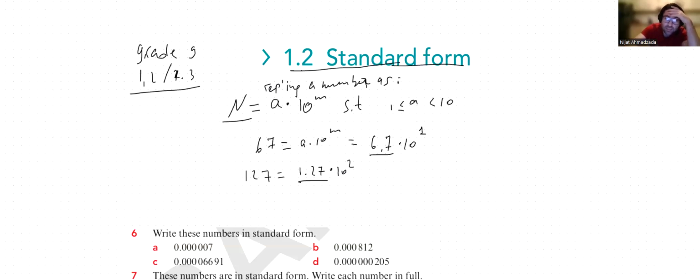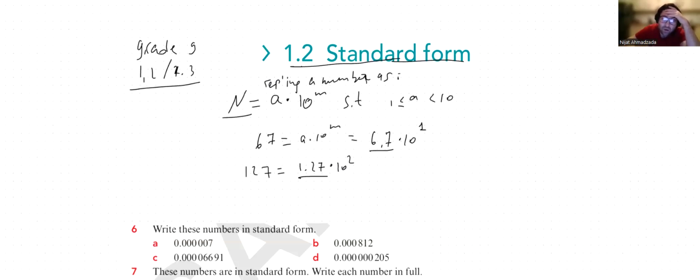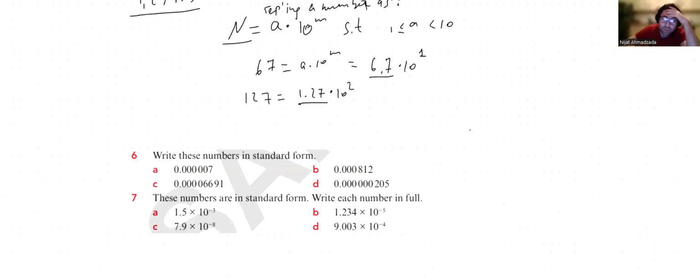But for that, let's write the steps, how we come up with those numbers. When we see 127, how do we make sure that this is 1.27? We have to make sure of 1.27 first, then we know that it's 10 to the power of 2.